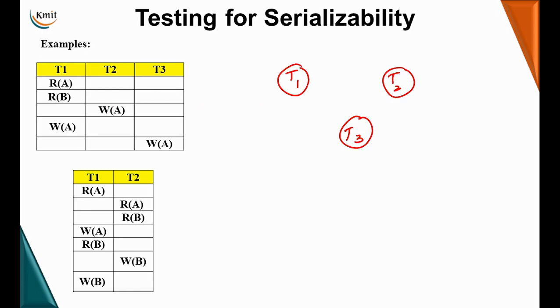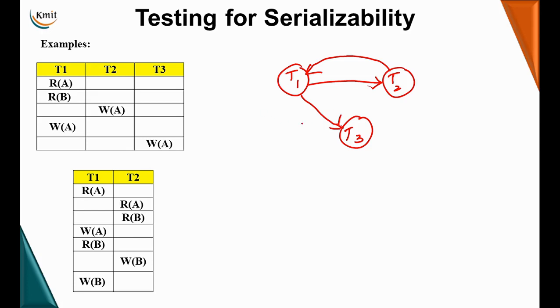So there is a conflict from T1 to T2. Then I take read of B. There is no write operation, so there is no problem at all. The next action is write of A. The conflict for that is write and read operation on that. So T2 to T1, there is an edge. Then when I come to this, T1 to T3, there is an edge.